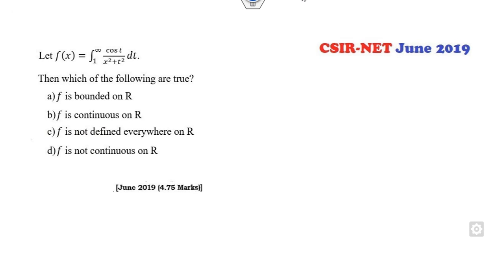Okay, which of the following is bounded, monotonic, continuous, not defined, not continuous? I think it's very simple. First of all, we can check about boundedness. Here we have cos of t x squared plus t squared. I can take this number to be less than 1 over x squared plus t squared, from 1 to infinity.